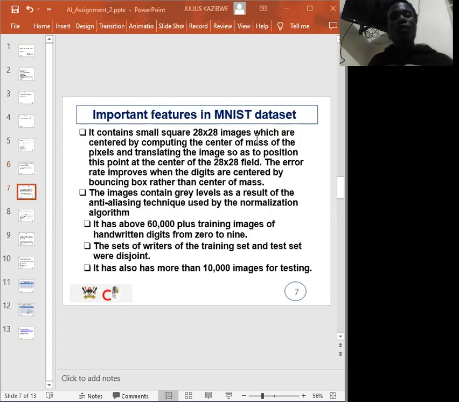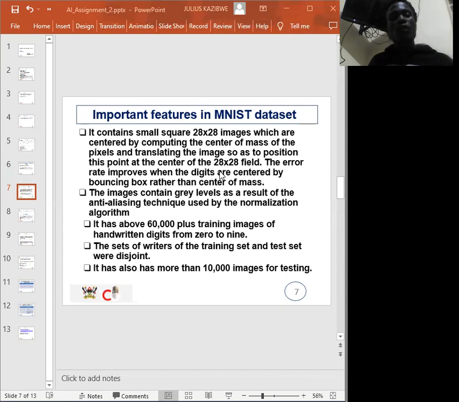Its features: it has very many small images of dimensions 28 by 28 pixels, with these digits 0 to 9 being centered in each of the images. This feature improves the error rate.